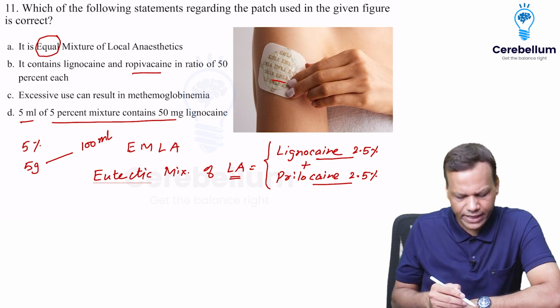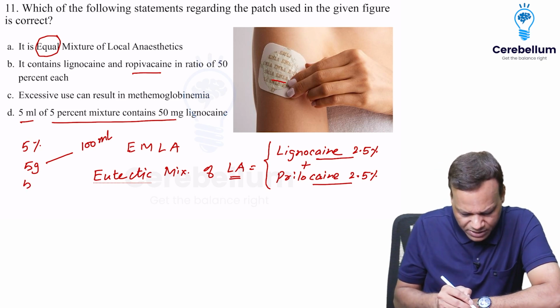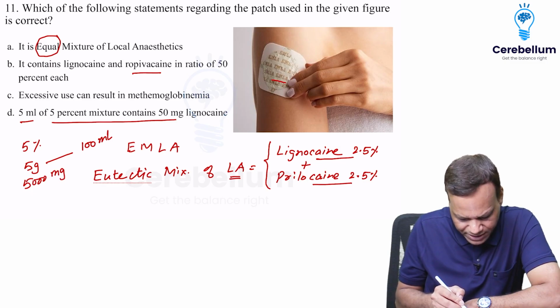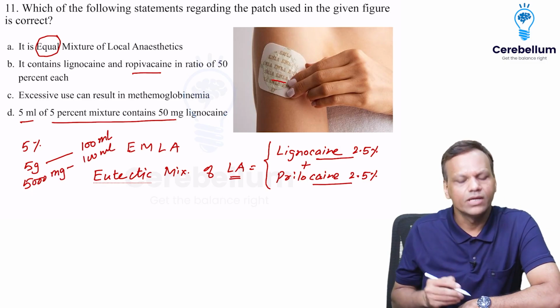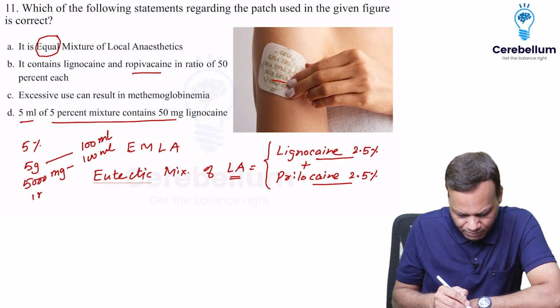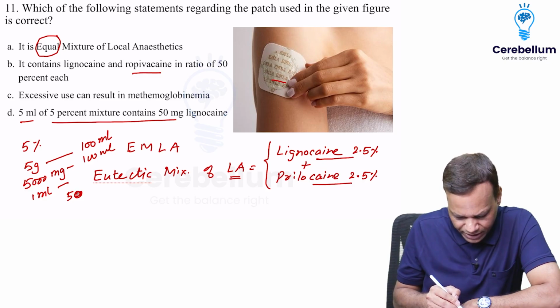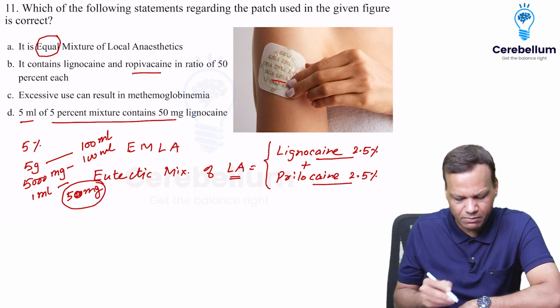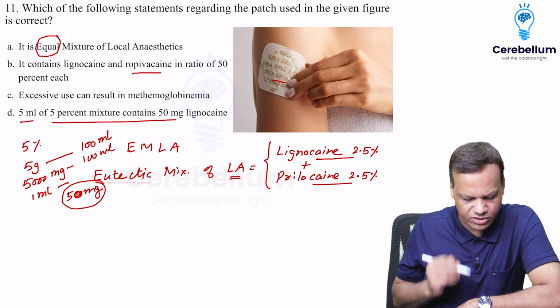So 5 gram means 5000 milligram is present in 100 ml. So 1 ml will contain 5000 by 100, that means 50 milligram. So 5 ml will contain 250. So this is also wrong.